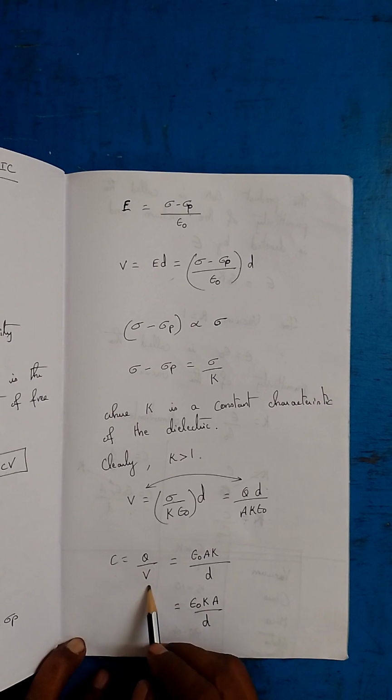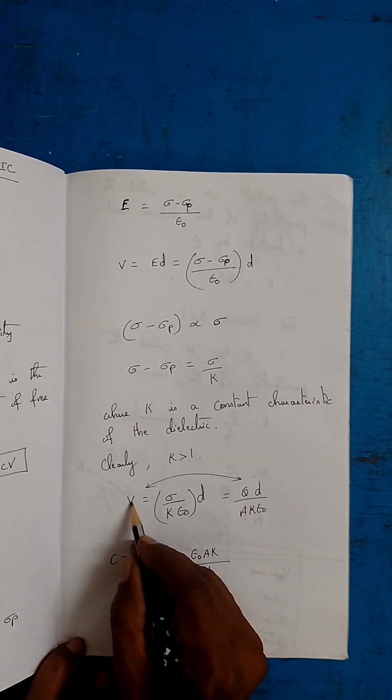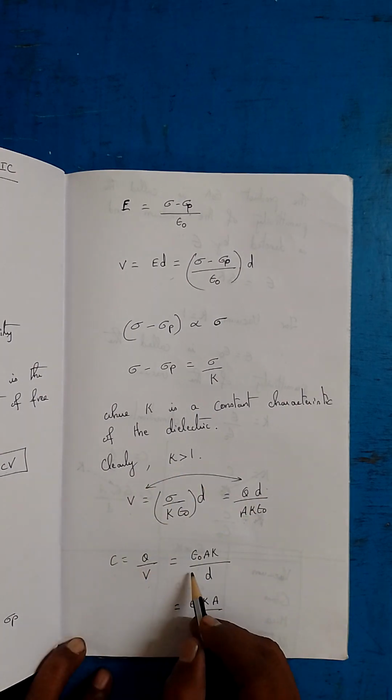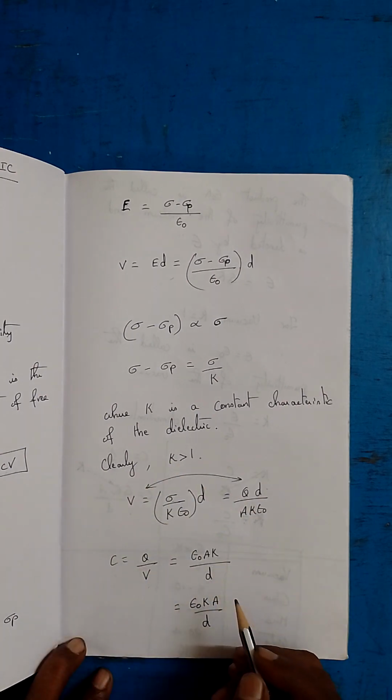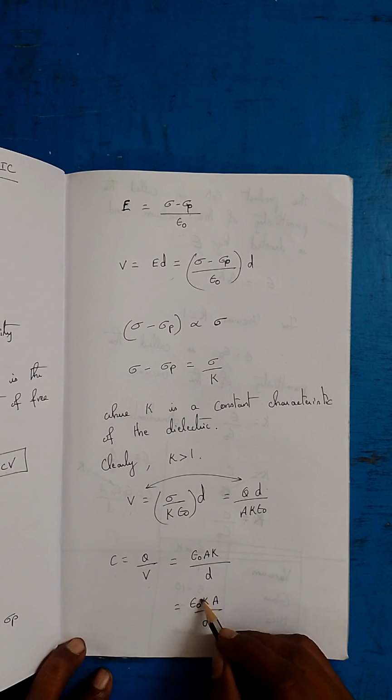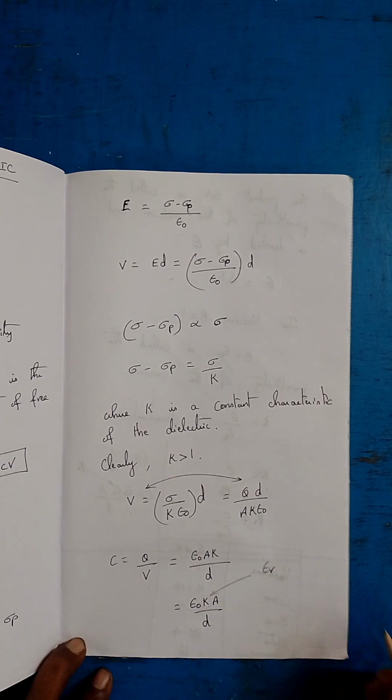Now C is equal to Q by V. So Q is here, move this V to this side, so these terms will go to that side. So Q by V will become epsilon naught A k by D. Now this can be written as epsilon naught k A by D. Generally this k is usually represented as epsilon R, relative permittivity.